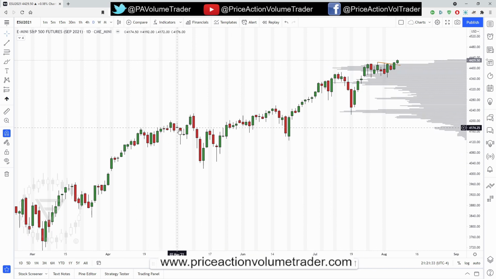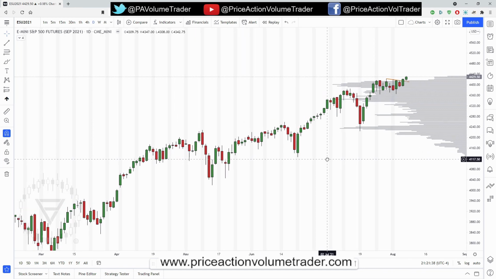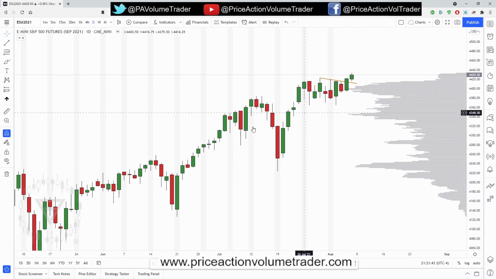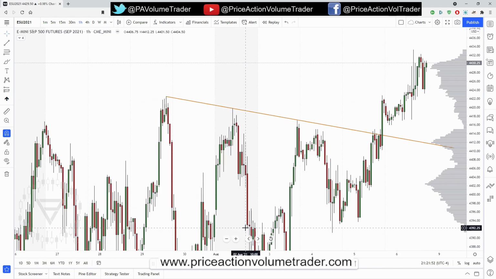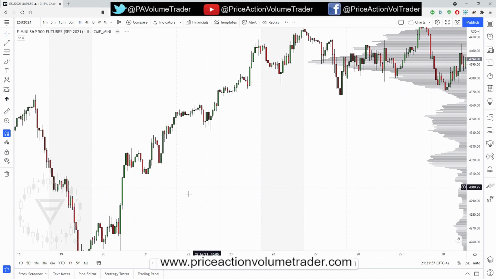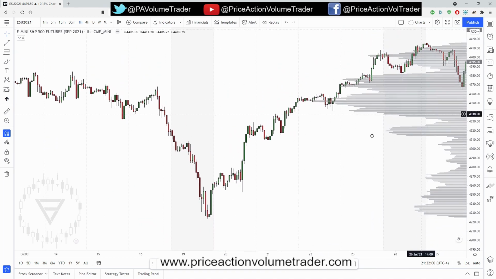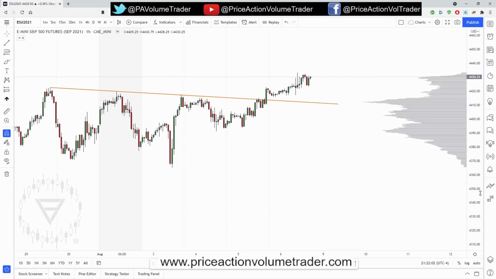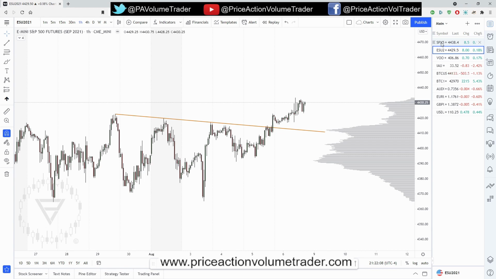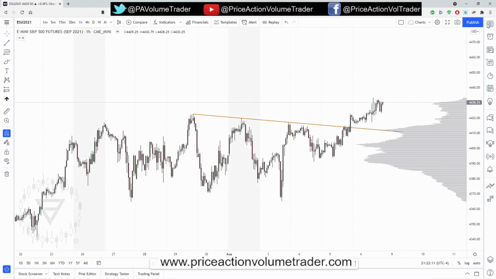So from a Friday to a Sunday night, when the futures markets open, you can see we do have some gaps that we can observe as just empty gaps in between the things.